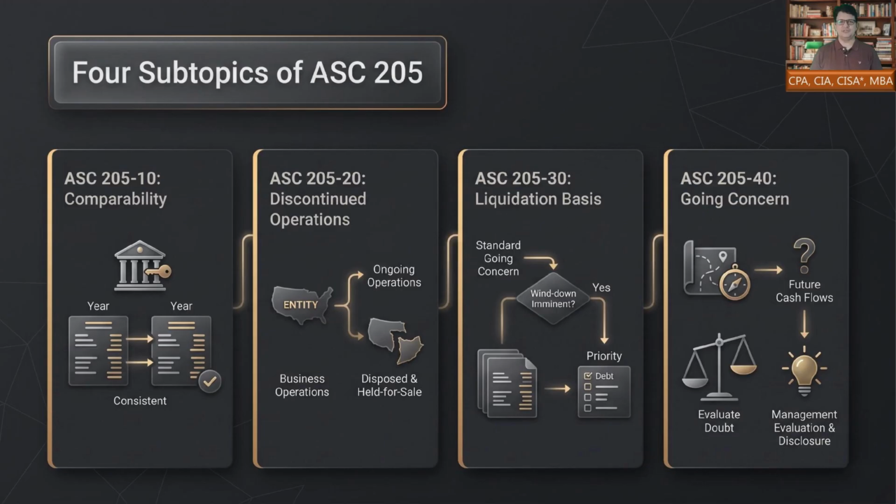ASC 205-30 deals with liquidation basis of accounting, where the reporting basis changes because liquidation is imminent. ASC 205-40 deals with going concern, where management evaluates whether substantial doubt exists about the entity's ability to meet obligations. Four subtopics, four different presentation questions, one bigger purpose: clearer financial statement communication.